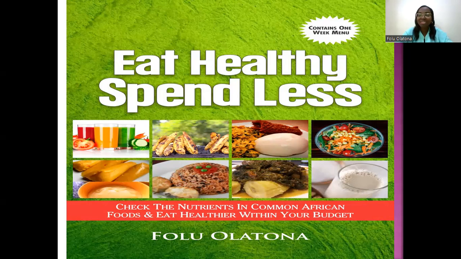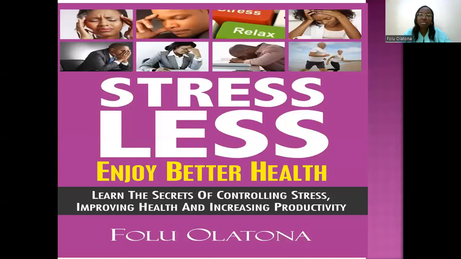Yes, ma, I can see. Tiger nut milk just below the salad. So we can use our African foods to eat healthy. We can latch on them. And the thrust of this book is the appendix that shows the nutrients in common African foods and the fact that people can eat healthier within a budget.